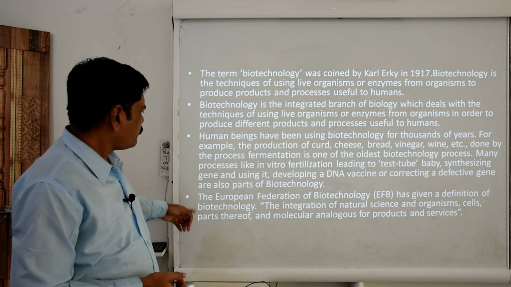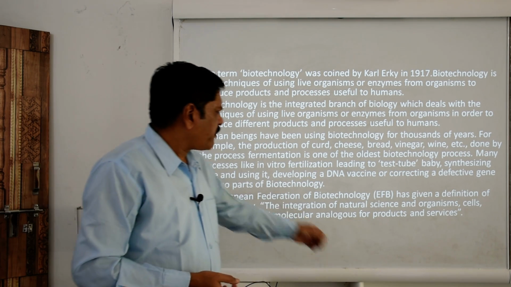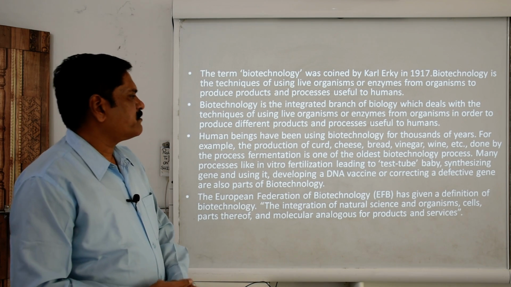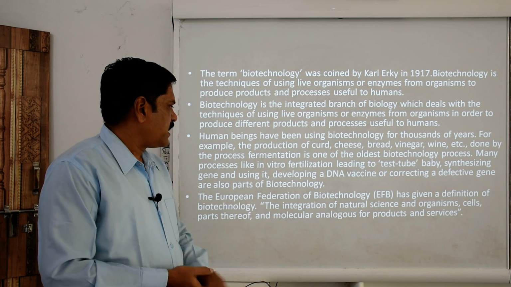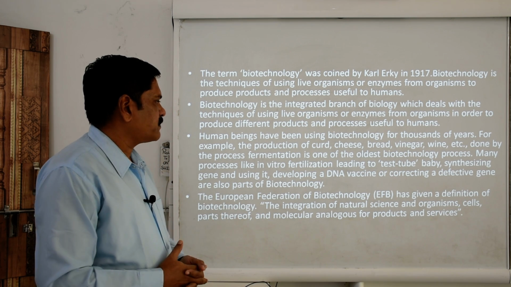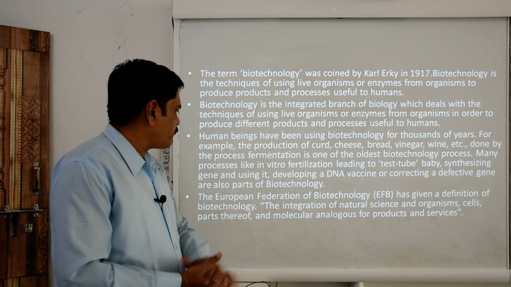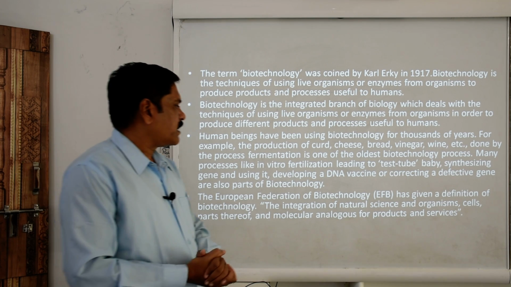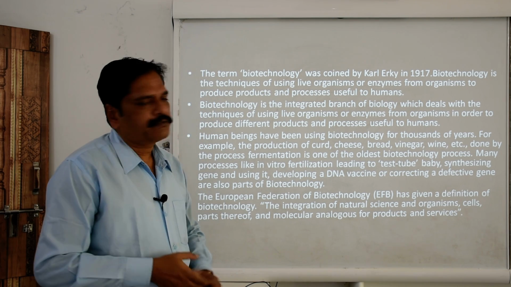Clear? Now here the European Federation of Biotechnology has given a definition of biotechnology as the integration of natural science and organisms, cells, parts thereof, and molecular analogues for products and services.